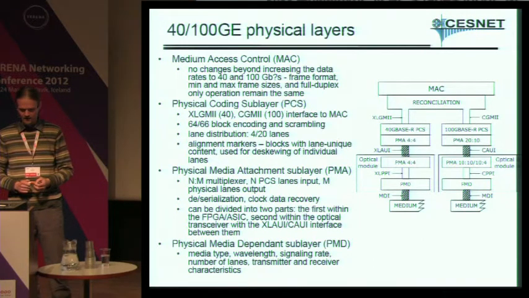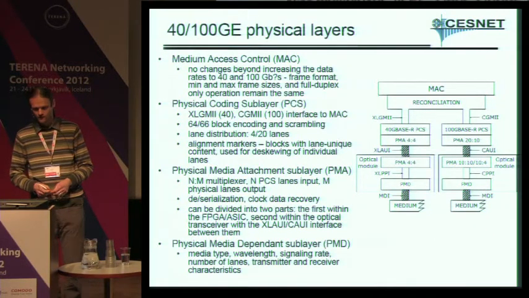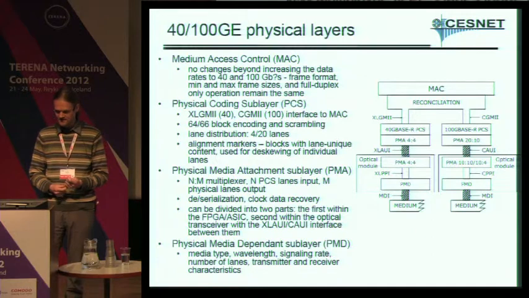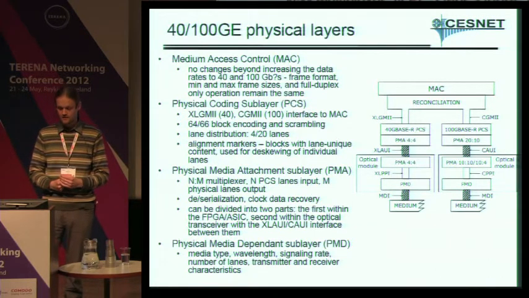The PMA layer does multiplexing from the 20 channels or lanes of PCS to the 10 or 4 lines of PMD in the case of 100G. In the case of 40G, there is no need for multiplexing, because PMA and PMD both have 4 lines.